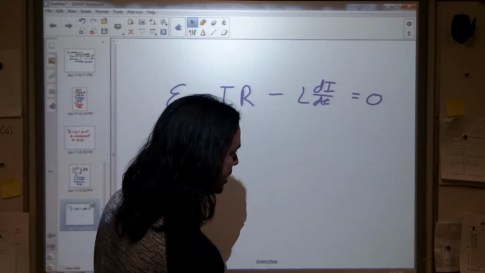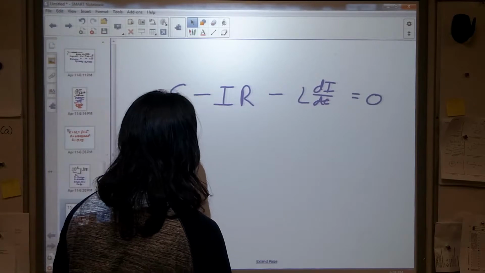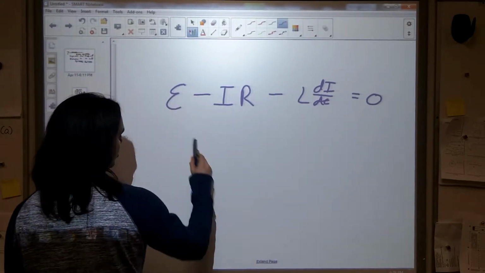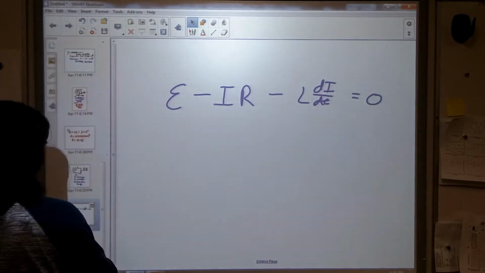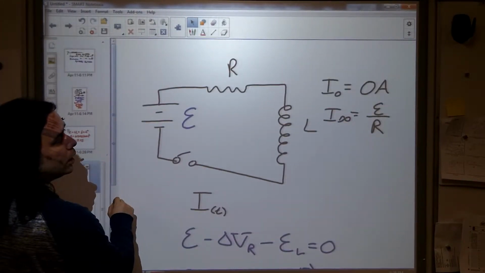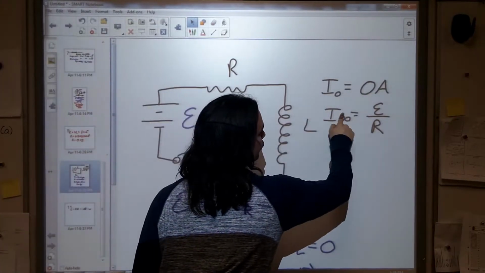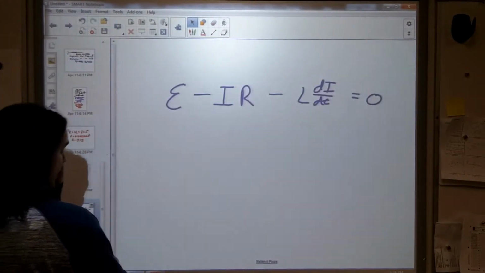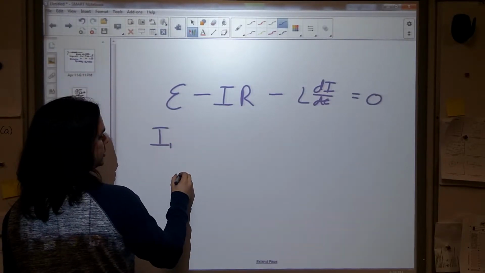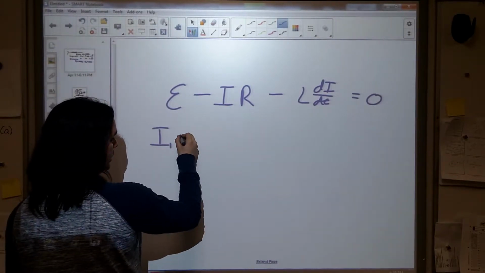Now that I've got that, I'm going to replace ε with the following. I can move this around and find that ε is also going to be my final current, which I marked as I infinity in the other one.